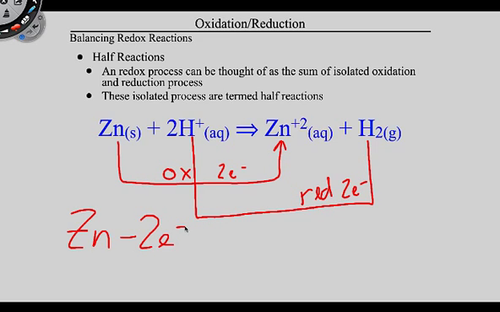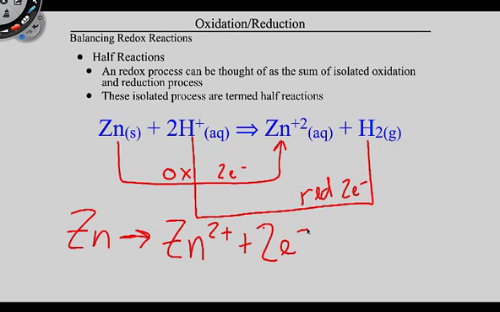Instead, to represent the loss of electrons, what we will do is this. Get it? So when we lose electrons, what we simply do is represent electrons as a product. You will never have minus electrons. So in oxidation, the electrons will always be a product.